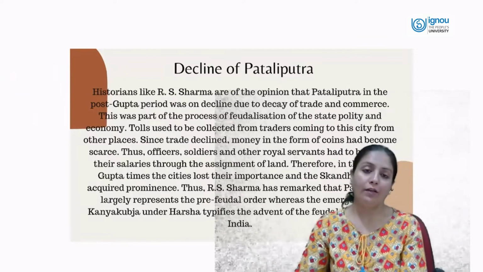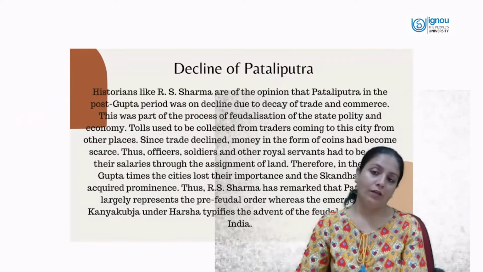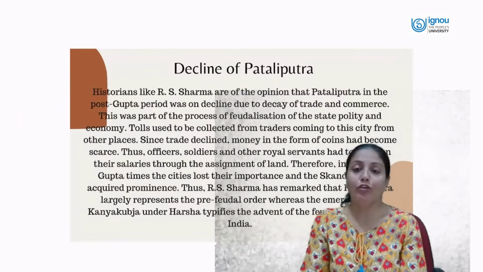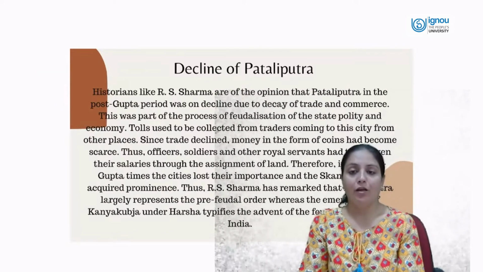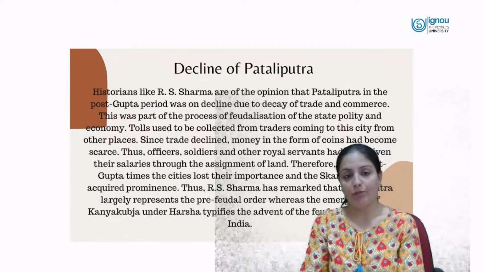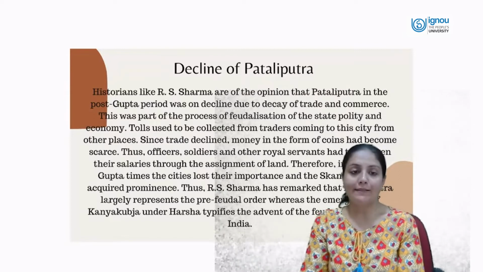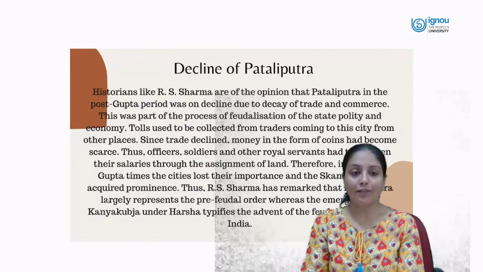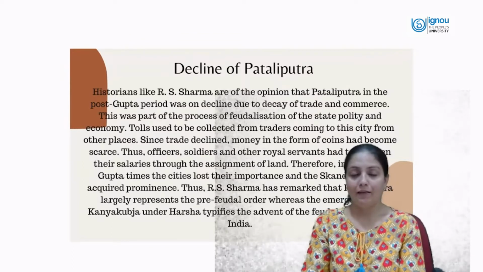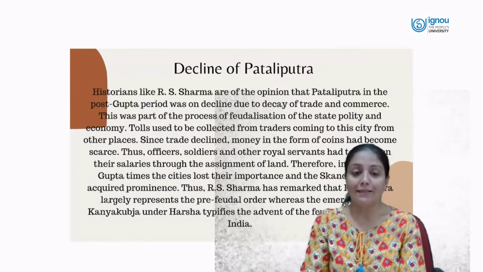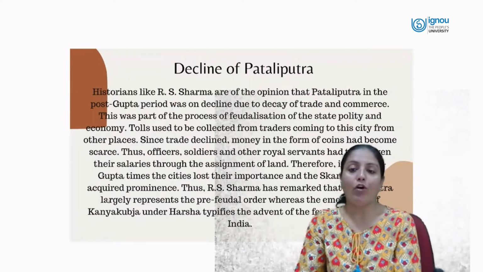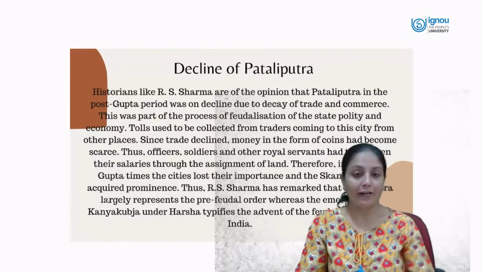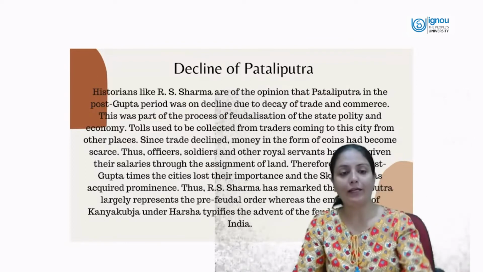That was the main reason behind the decline of Patliputra. This was part of the process of feudalization of the state, polity and economy. Tolls used to be collected from traders coming to this city from other places. Since trade declined, money in the form of coins had become scarce.